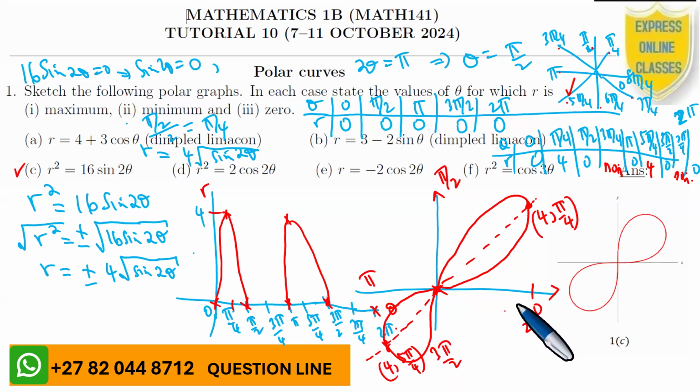And then we can see that at 7 pi over 4 it is non-real. There's 7 pi over 4 here, but it's not real. There's nothing. At 2 pi, it becomes 0 again. You are back there. And this is the graph. So look at how we've drawn this polar curve.